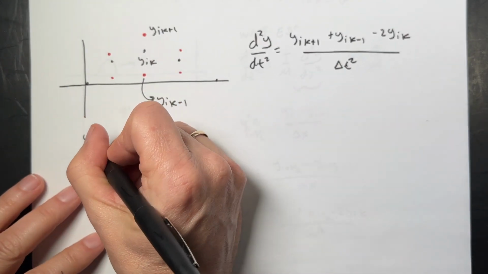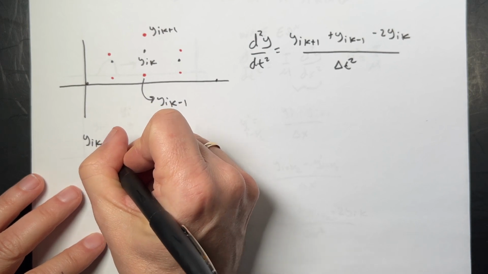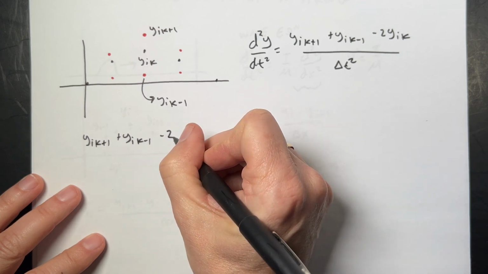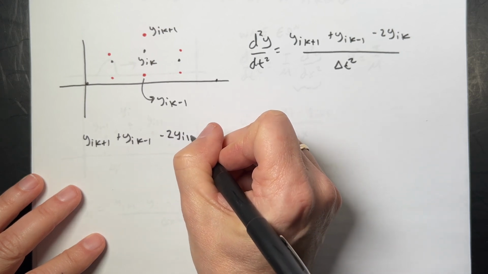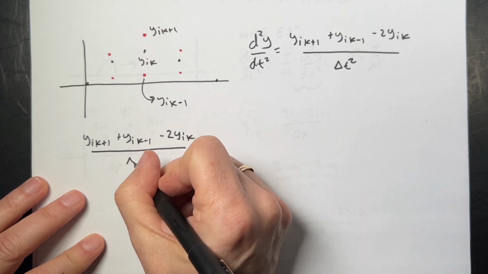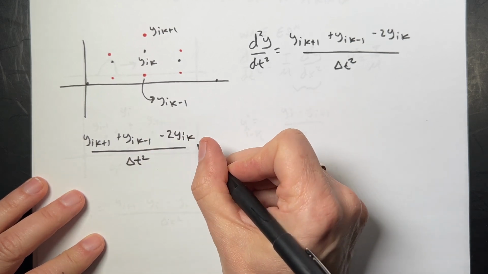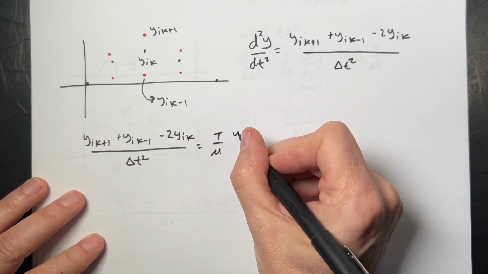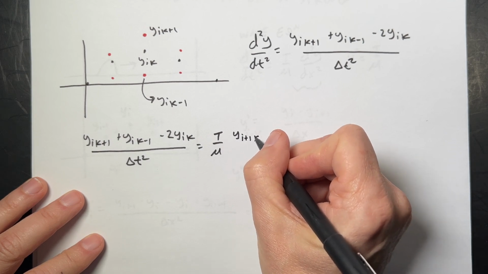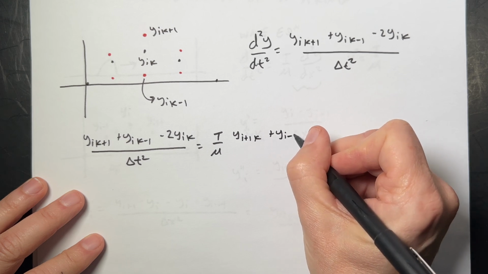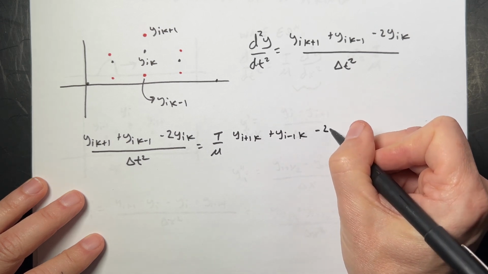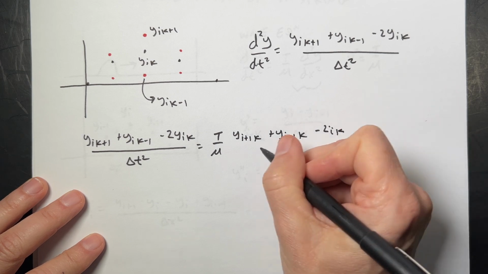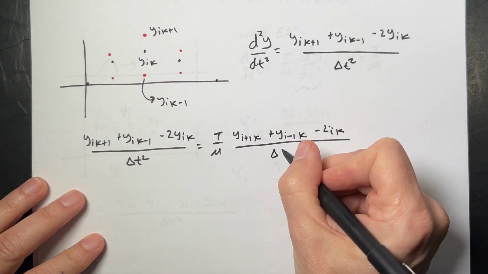I'll write it out: y_i^(k+1) plus y_i^(k-1) minus 2 y_i^k over delta t squared equals T over mu times y_(i+1)^k plus y_(i-1)^k minus 2 y_i^k, all over delta x squared.